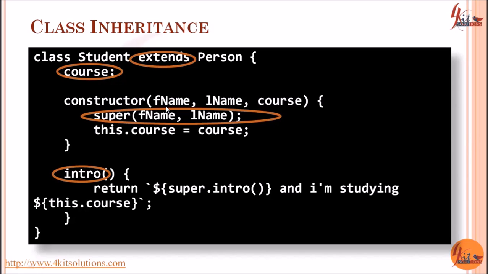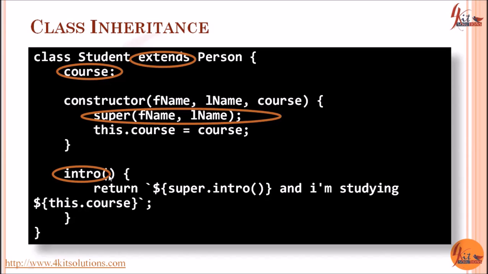It takes three parameters, fname, lname, and course. Here we are calling super with fname and lname. This super keyword is used to call the constructor of the immediate parent class. The immediate parent class is person, so this will call the constructor of my person class, and it will pass two values, fname and lname. And the course property of the student class is initialized over here, this dot course equals course.